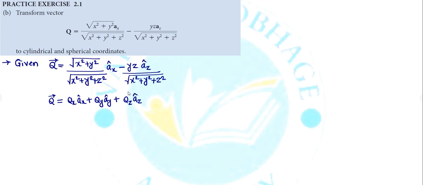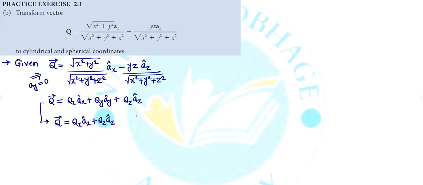Now, if you see your given vector, there is no ay component over here. We have the zero ay component. So this given vector q reduces to a component along x direction only and a component along z direction only.